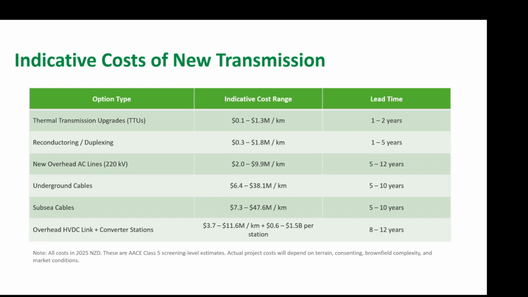We have quite wide accuracy ranges. The model, as we've described, has uncertainty in both the quantity and cost rates used in it, and so we have to handle that somehow. Transpower uses estimate classification based on the AACE system, which is the Association for the Advancement of Cost Engineering, and that assigns a class based on the level of project definition and provides some guidance on expected accuracy ranges.